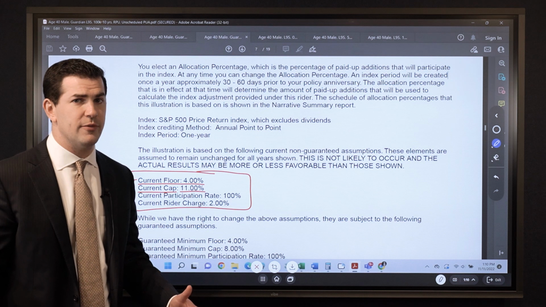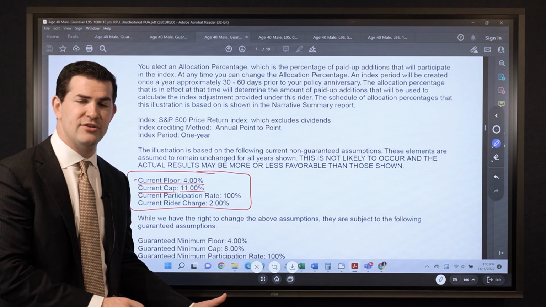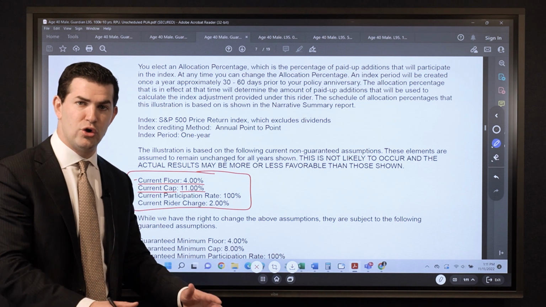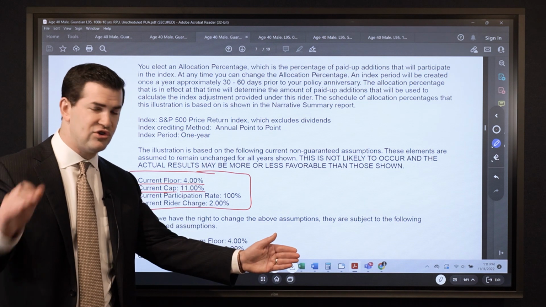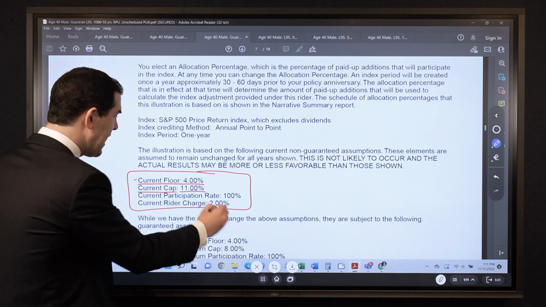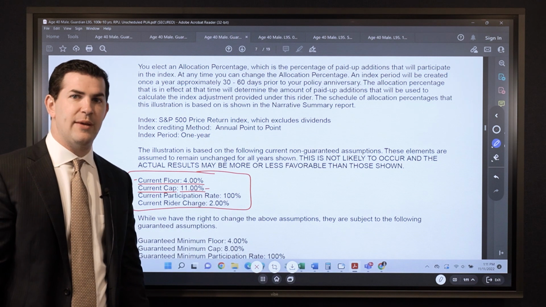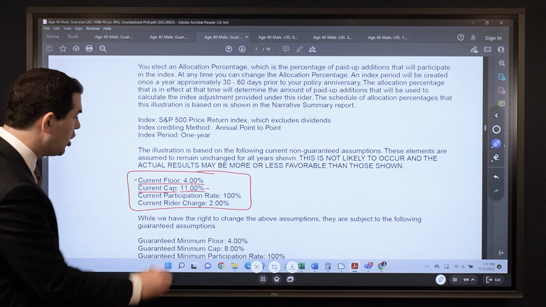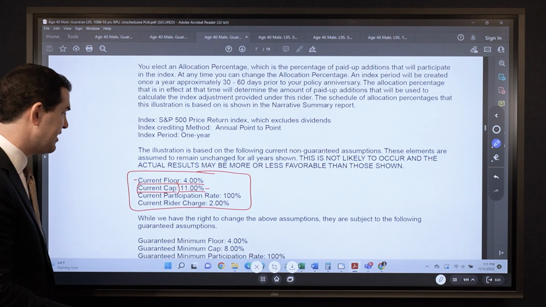It was a strong year. If you had your Guardian policy or any policy with an index rider tied to the S&P 500 during 2019, you participated January to January, 30% growth, but the cap here is 11%. That means the earnings cannot be greater than 11%, or whatever the current cap is. That can change over time.